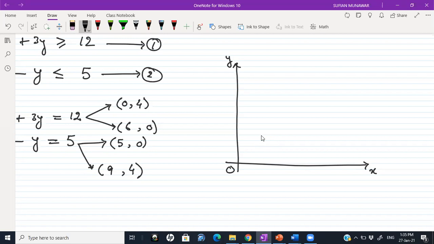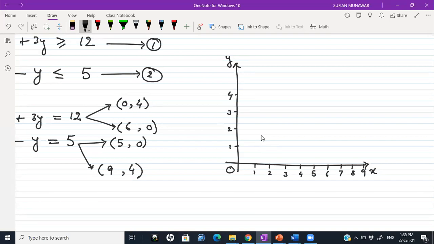Accordingly, I will mark 1, 2, 3, 4, 5, 6, 7, 8, and here we have 9. Now for y, it is going from 0 to 4 at maximum. So you can see here 1, 2, 3, and 4.